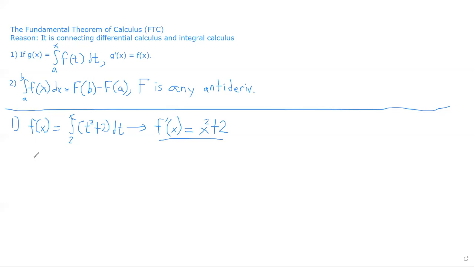What if it was reversed? Let's say x was down here, so from x all the way to 2, of the same function, t squared plus 2 dt.